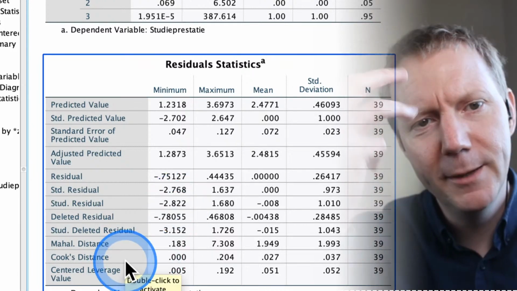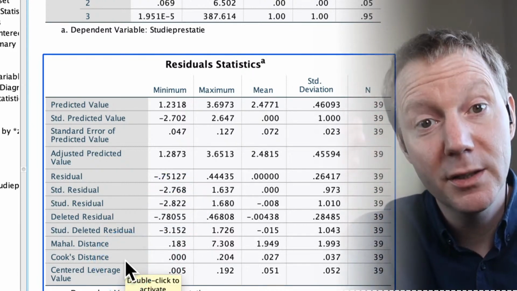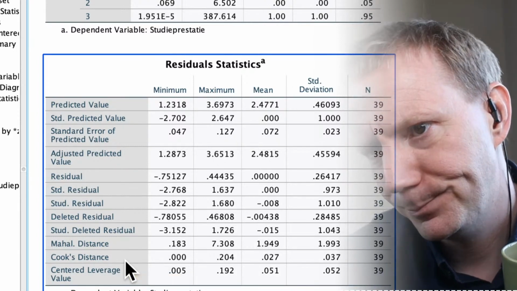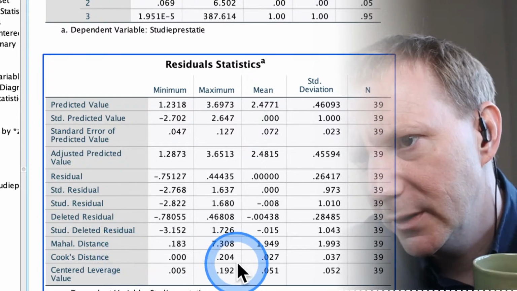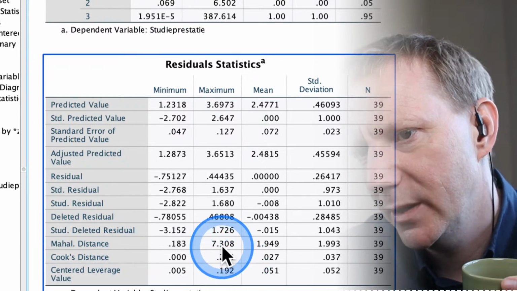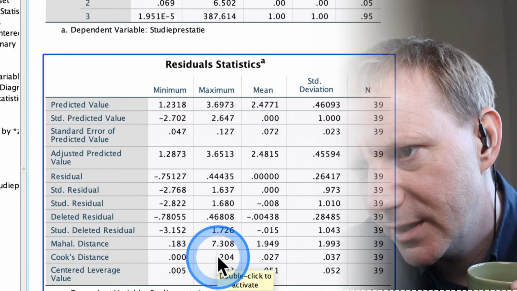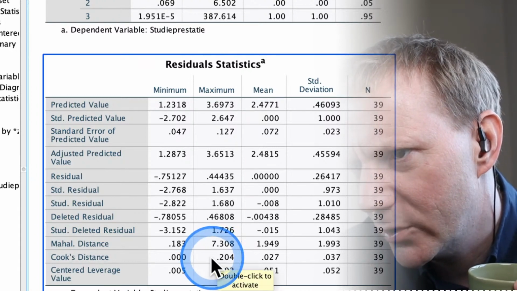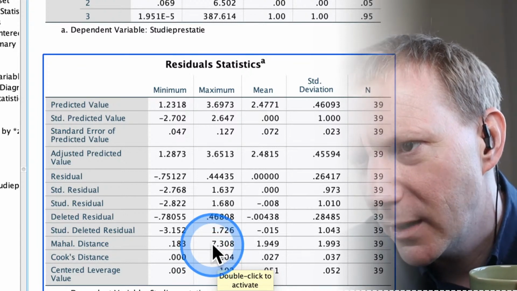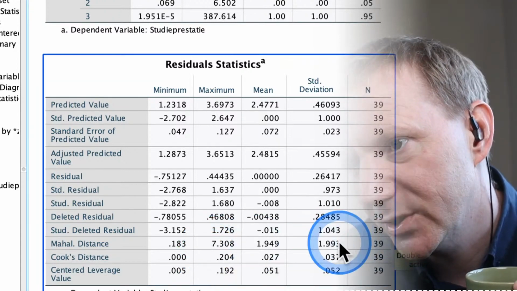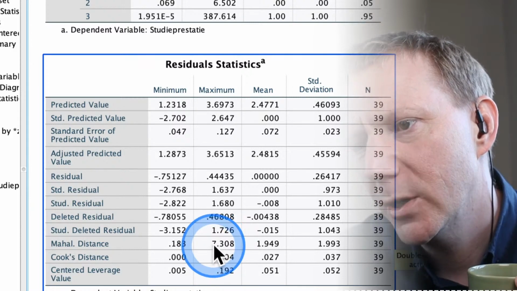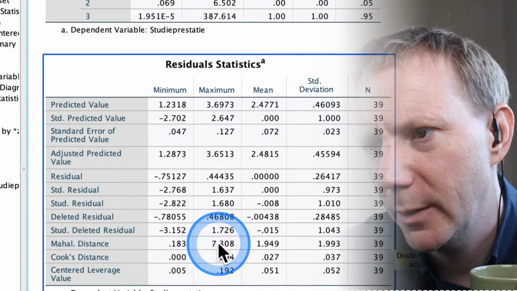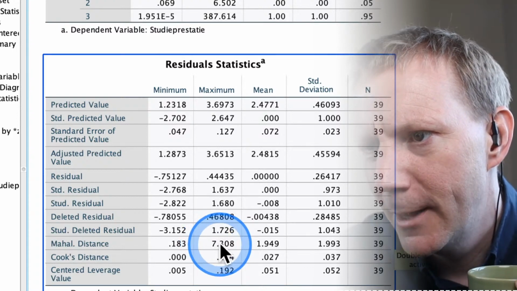Those are the three diagnostics that we wanted to see in our data set. If you look up Field, then especially for the Cook's distance, it needs to be lower than a certain threshold. I think it's 2, but I'm not sure by heart. For the Mahalanobis distance, it depends on the sample size. You don't have to know these values by heart, just look up in Field what the threshold is.